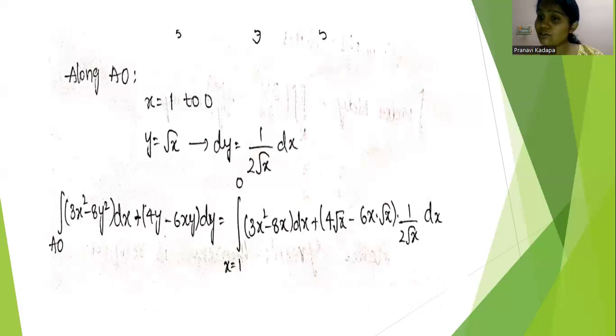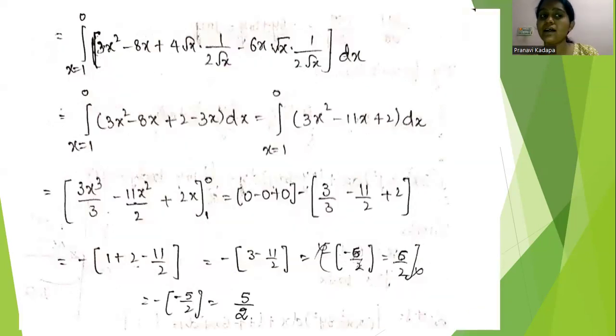So now, as we found OA, we do AO. In AO, the limits of x are 1 to 0 and y is root x. Differentiating this, we get 1 by 2 root x into dx. Now applying these y and dy values into the equation, we get the integral for x from 1 to 0 of (3x² minus 8x) dx plus (4 root x minus 6x root x) times 1 by 2 root x dx.